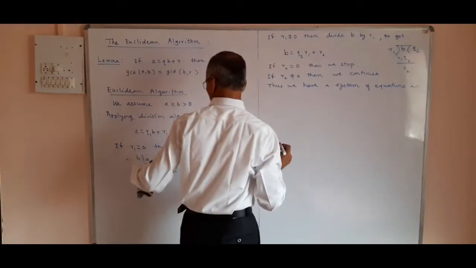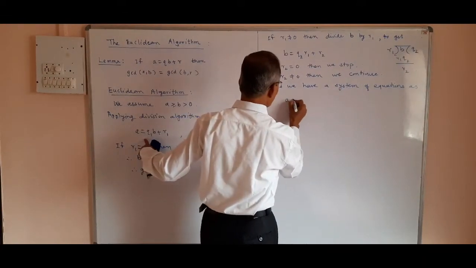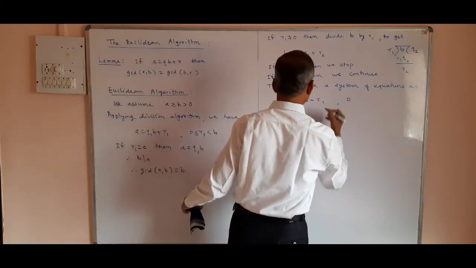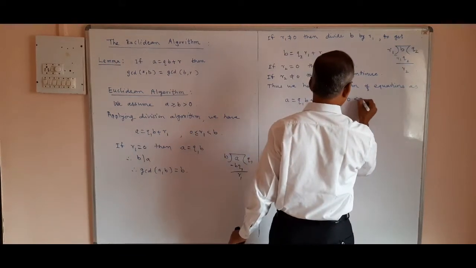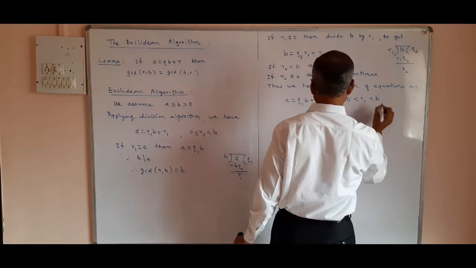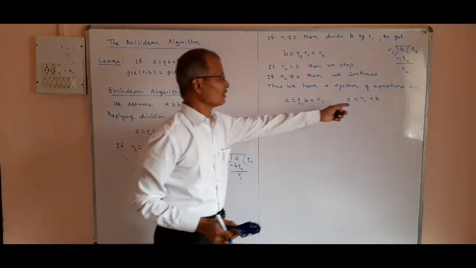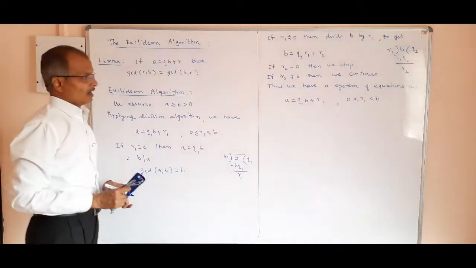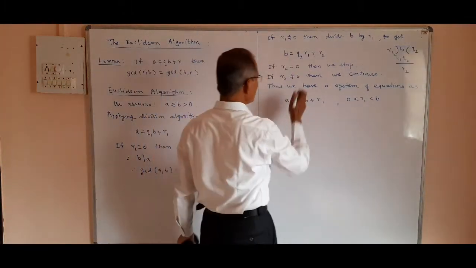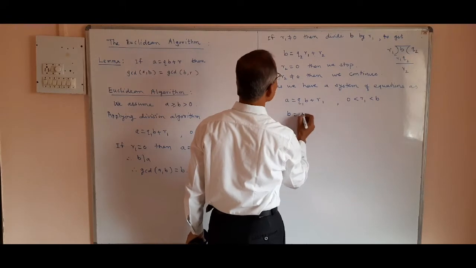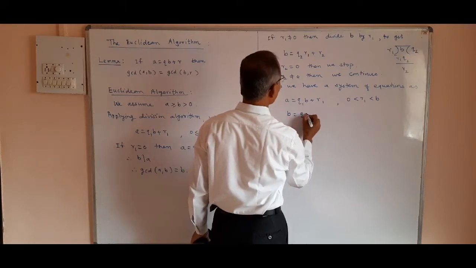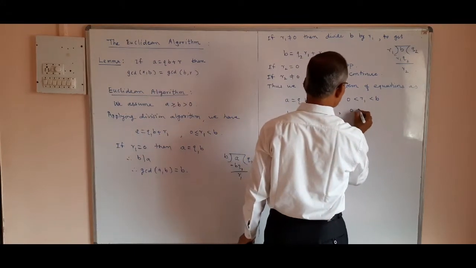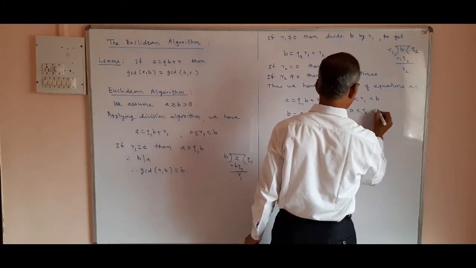The first equation is a = q1 b + r1, with 0 less than r1 less than b. Now we will not write it equal to b, because if it is equal then we stop here. And further, the second equation is b = q2 r1 + r2, and here 0 is less than r2 is less than r1.